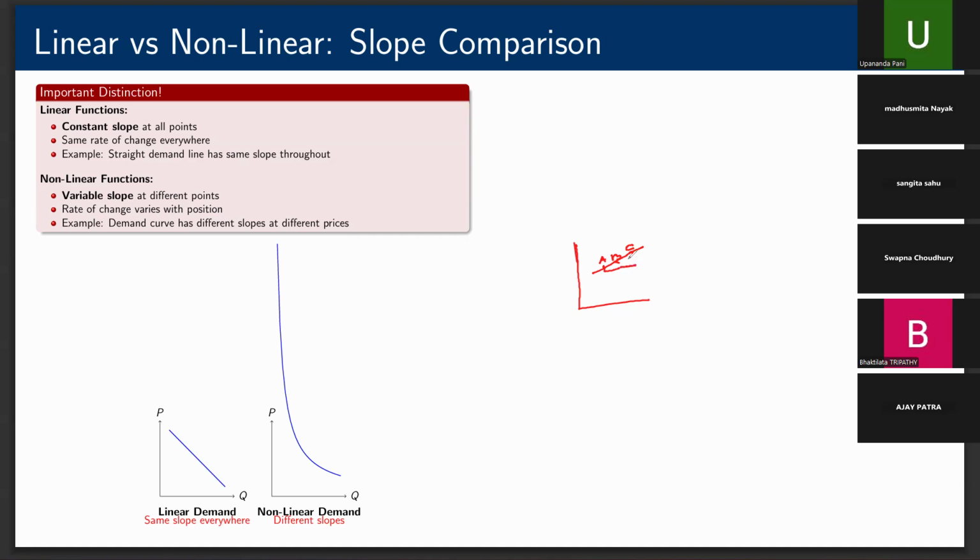The change in Y will remain the same in both cases. But if this is a quadratic equation, like this, when you find a slope from point A to B, it will give you a value. If you find the slope from B to C, it will give you another value. In a linear function, slope remains constant throughout the graph. In a non-linear function, it changes.